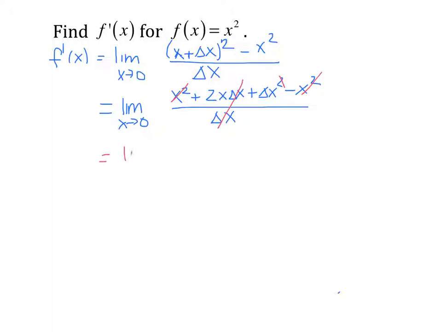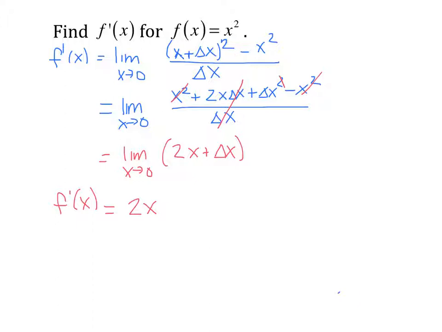That leaves us with the limit as delta x approaches 0 of 2x plus delta x. When we plug in that 0, by direct substitution, that gives us 2x plus 0, or 2x. That tells us that the derivative of that function is 2x.